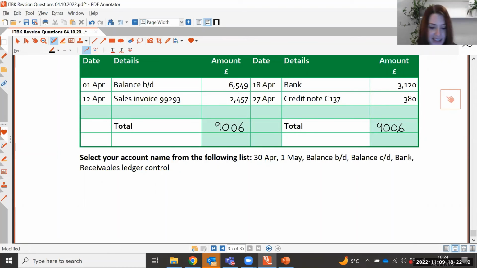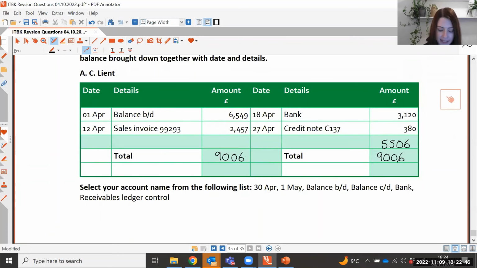Excellent, Catherine. Yes. So it would be £5,506. And now that credit side would equal that total of £9,006. What date would we enter in the account for this balancing figure? So remember, we're closing off the account.